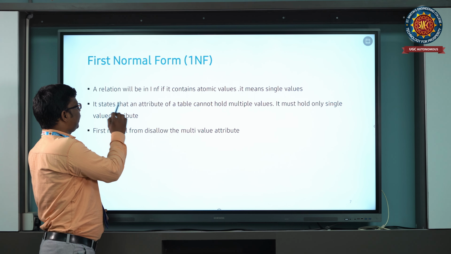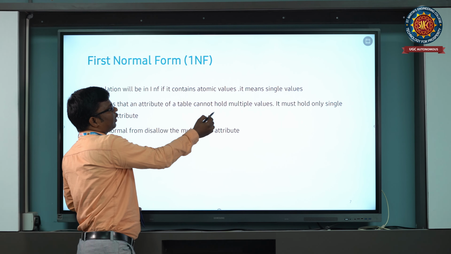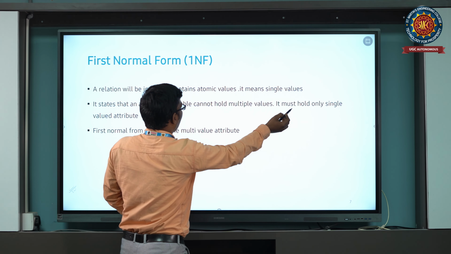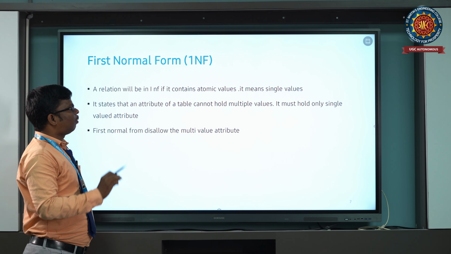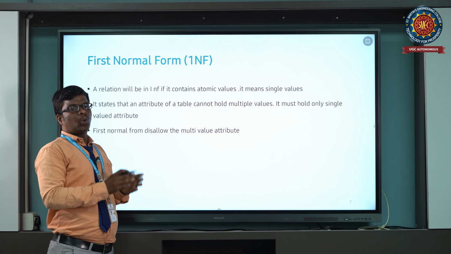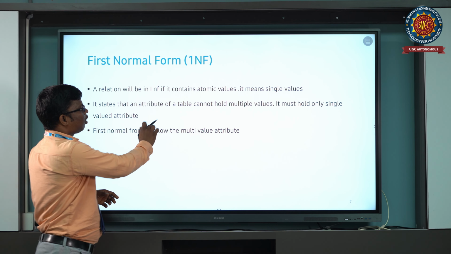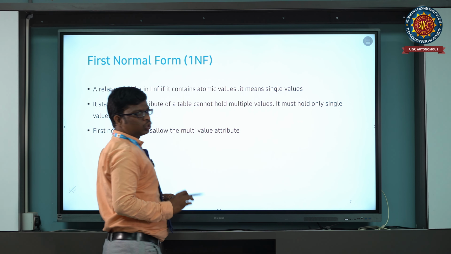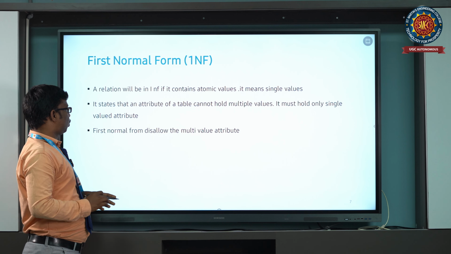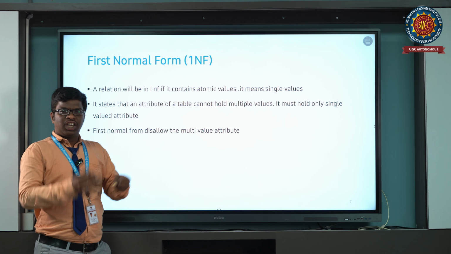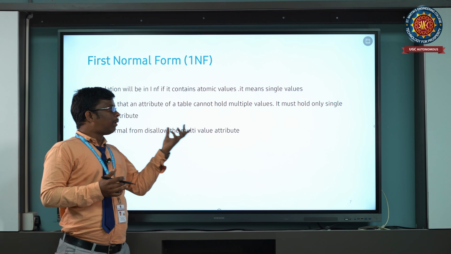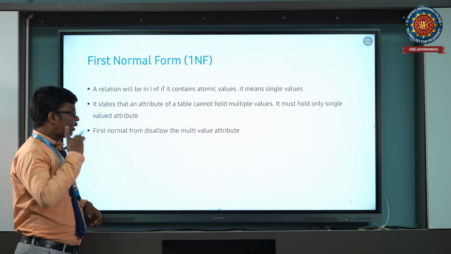If an attribute of a table holds multiple values, it must instead hold only single-valued attributes. The first normal form supports only single values. It does not support multiple values in the database table. So first normal form disallows multi-valued attributes. You can remember this point.